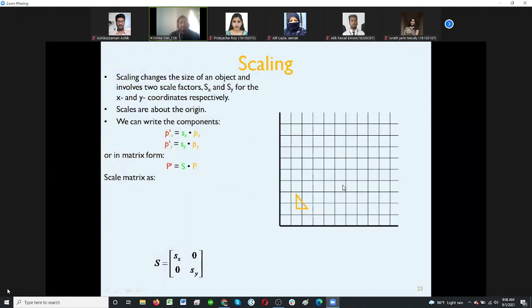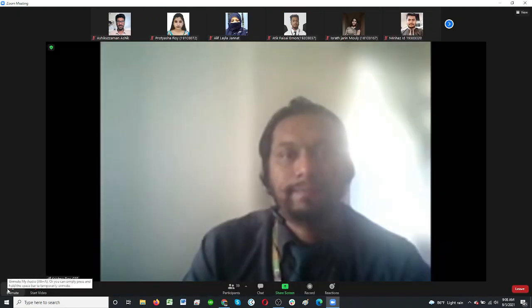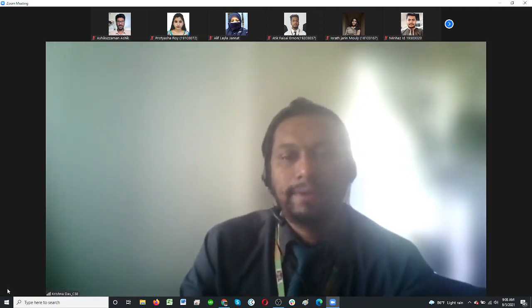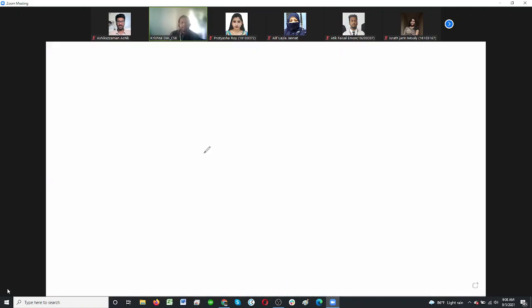So if we just try to locate that one in the graph, let me check if we can quickly draw. We had a point P, which was 5 and 1, right?